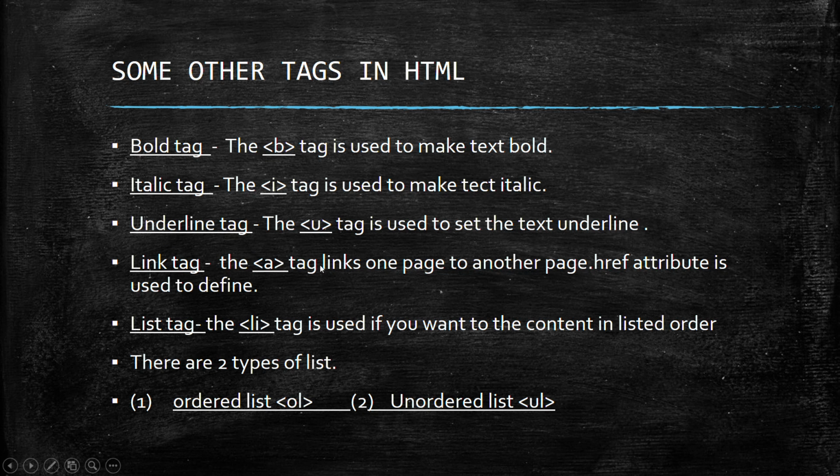The link tag links one page to another page, and the href attribute is used to define it. The list tag is used when you want the content in a listed order. There are two types of list: an ordered list and an unordered list.